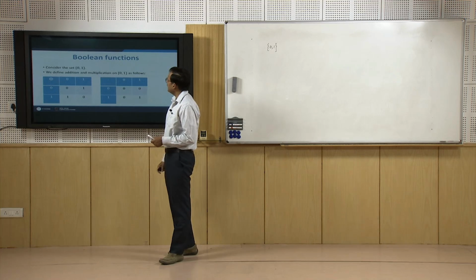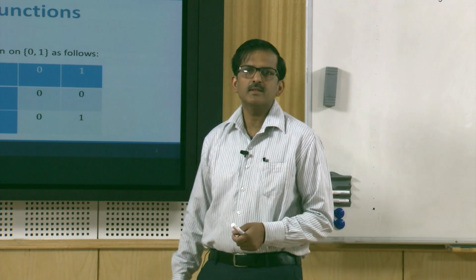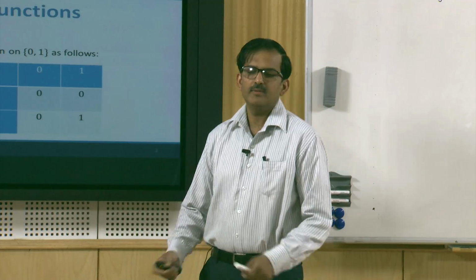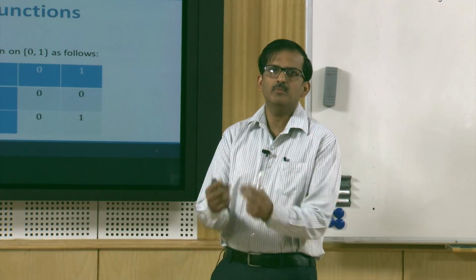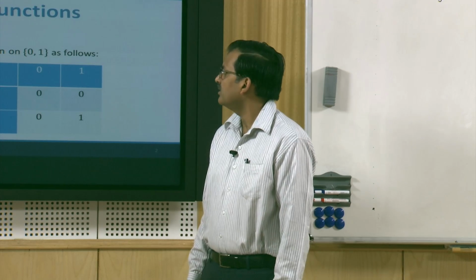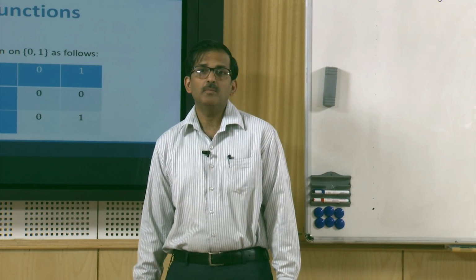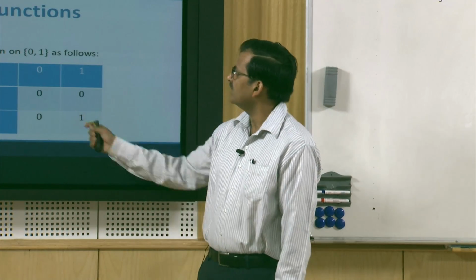The second operation, which we denote by a dot, we do not write in formulas; we just write two symbols side by side to denote this operation. This can be called AND or multiplication modulo 2, and the rules are given here.